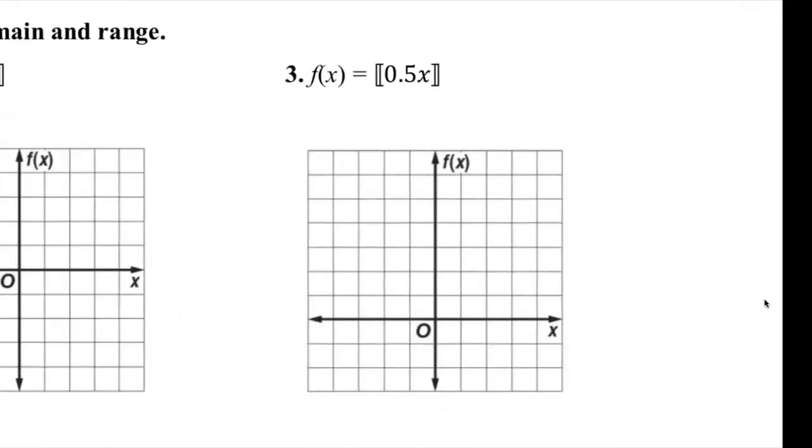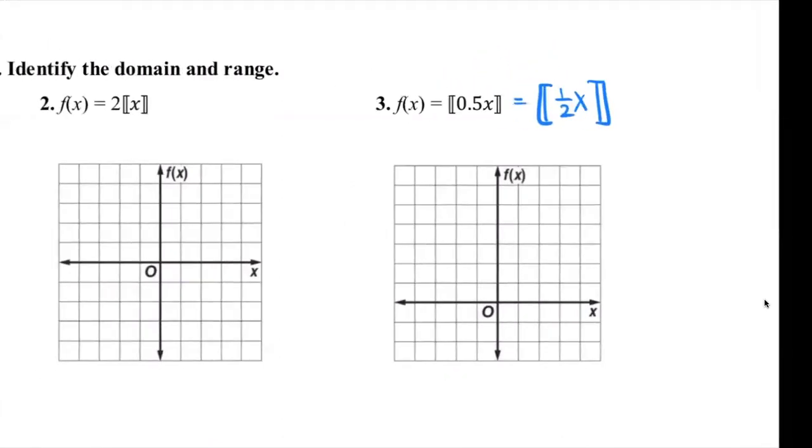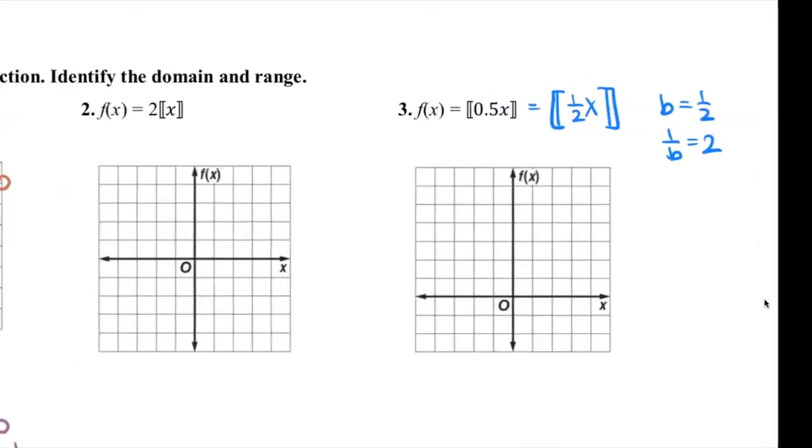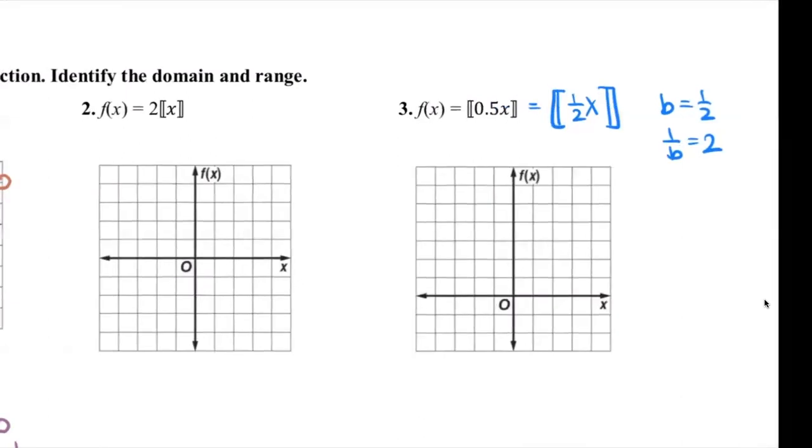All right, so this is the same thing as 1/2 x. And since b, in this case, is 1/2, the length of each step is going to be the reciprocal of that. All right, so since b is 1/2, 1 over b is going to be 2, and that's going to be the length of each step.